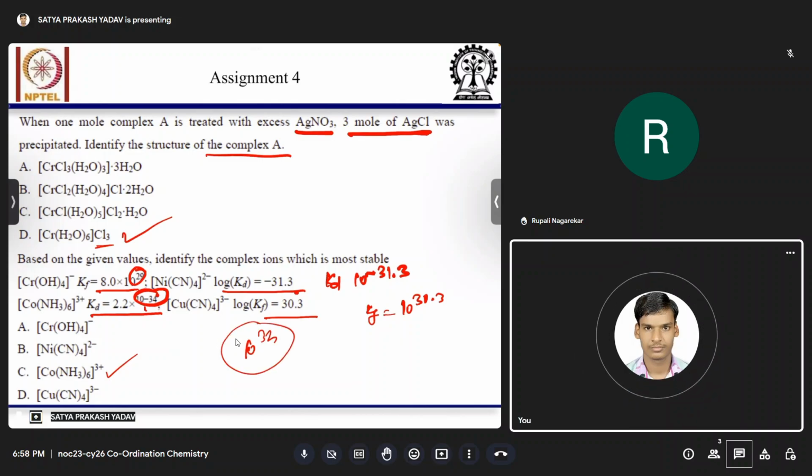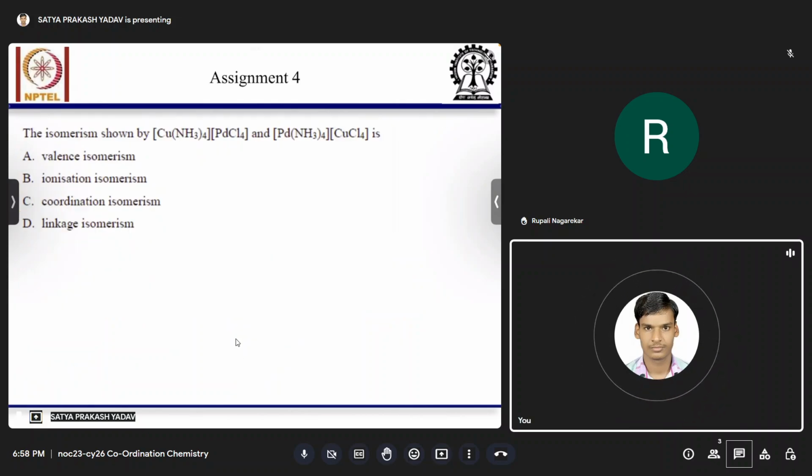It's the highest. The isomerism shown by [Cu(NH3)4][PdCl4] and this one, what kind of isomerism is it?